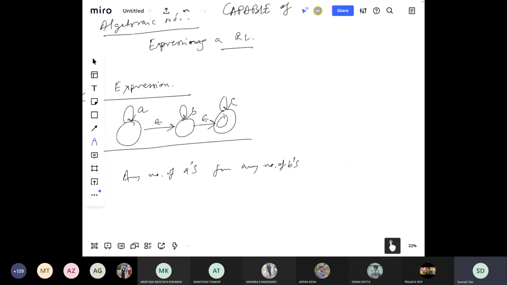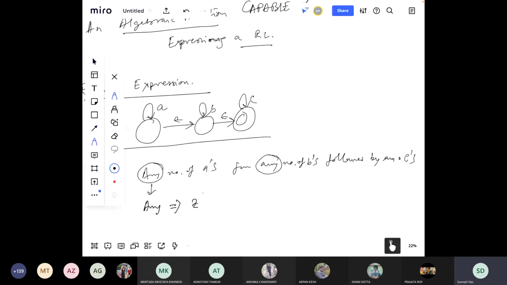Now, what are these any's? Let us decode them. Any means 0 or more, right? 0 or more.